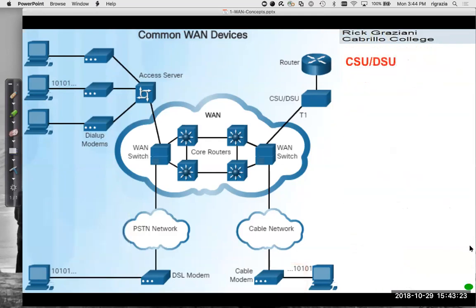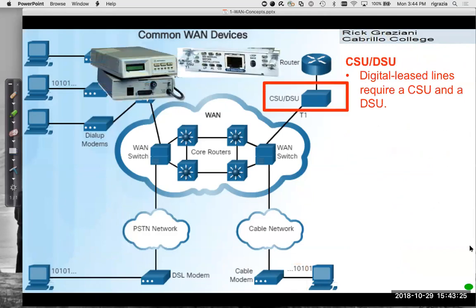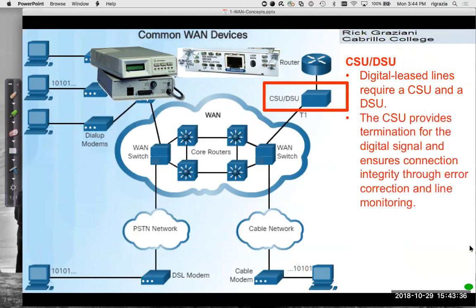Okay, CSU/DSU. We talked about that a little earlier, but this is what is used to connect your digital leased lines to your provider. Basically, as I've mentioned before, it's used for termination of the digital signal, does things like error correction, and some line monitoring.